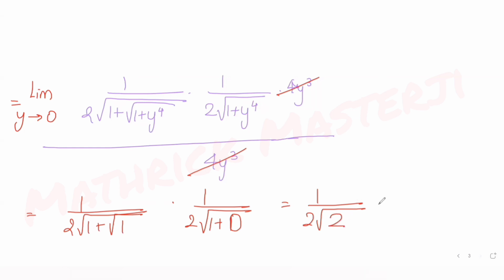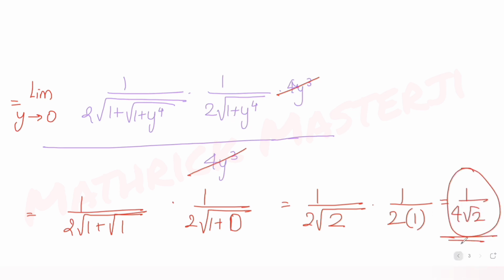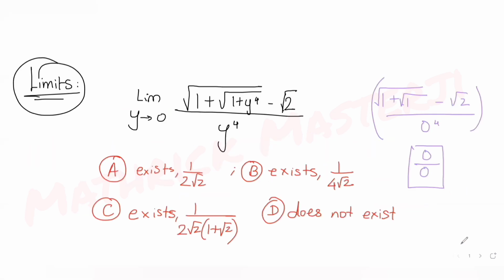So you get 1 upon 2 root 2 into 1 upon 2, which is 1 upon 4 root 2. The answer choice that matches here is option B.